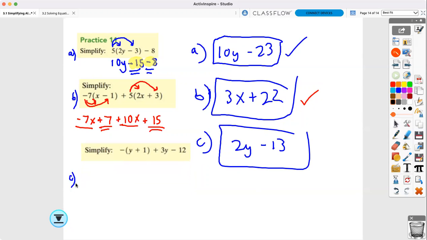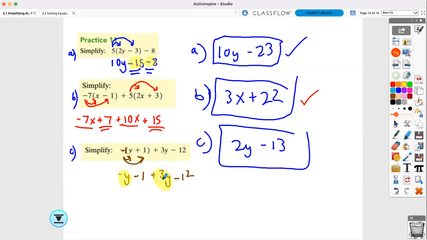Now let's take a look at C, right? So in C, we're distributing what value? What number is being distributed, class? -1. A -1, correct. So then we get -y minus 1, bring down 3y minus 12. So now we combine the y's.